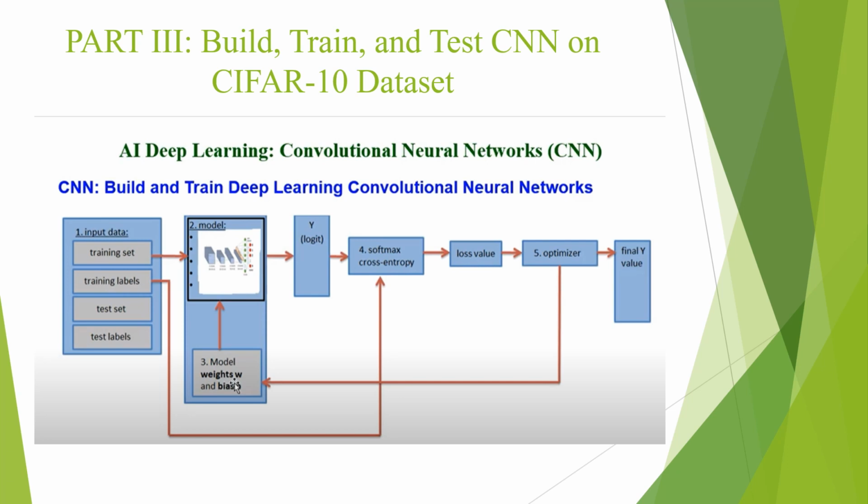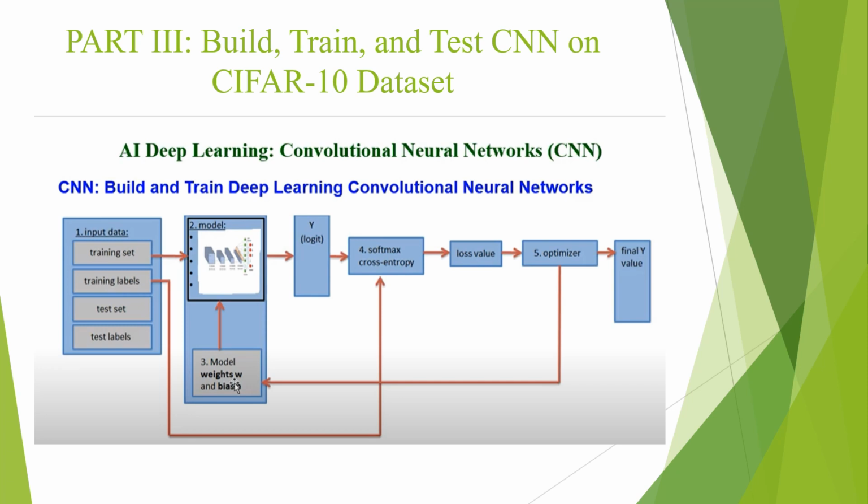This is a block diagram of what you can expect when you're building a convolutional neural network for deep learning. So you see block 1, this is the input data.